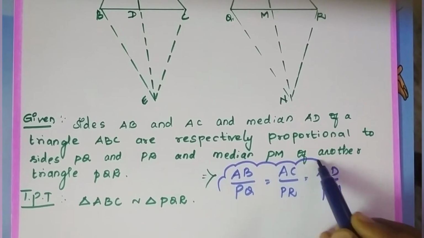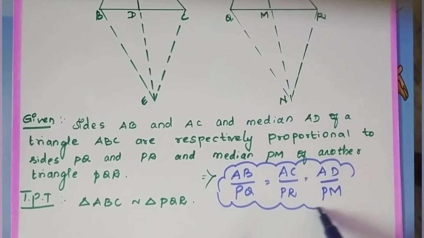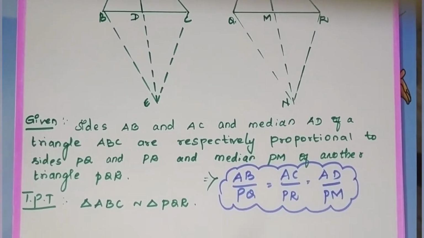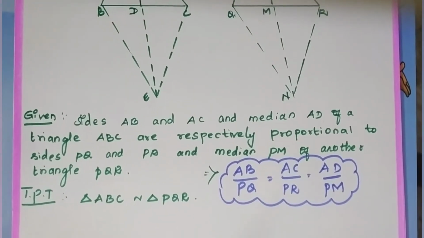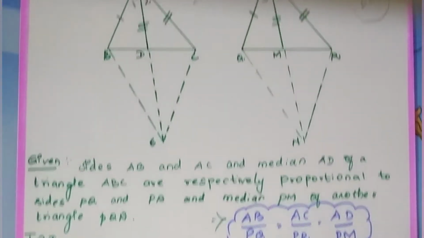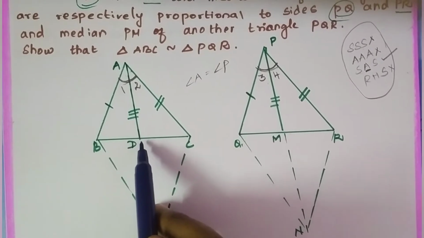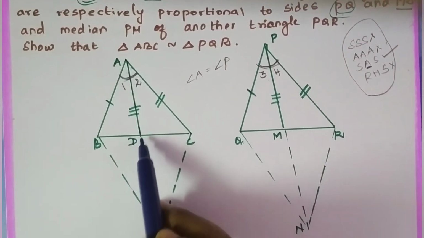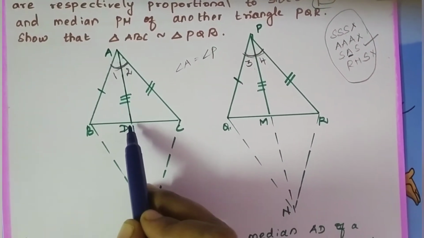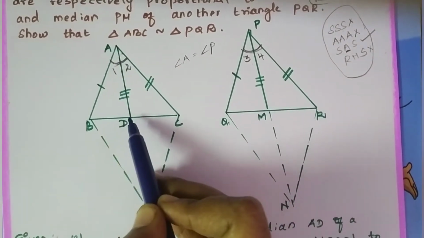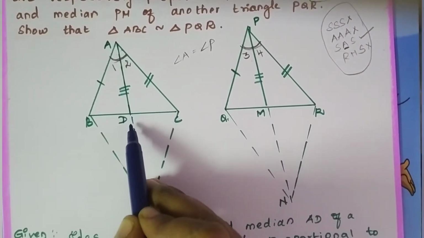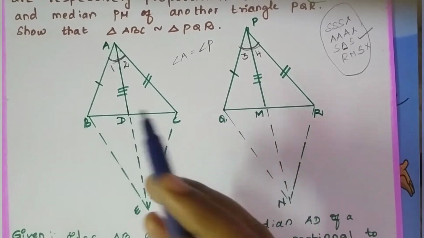Since everything is proportional, we can write like this. Clear? And then, since AD is a median, D must be a midpoint. AD is a median, so D will be the midpoint of the side BC.